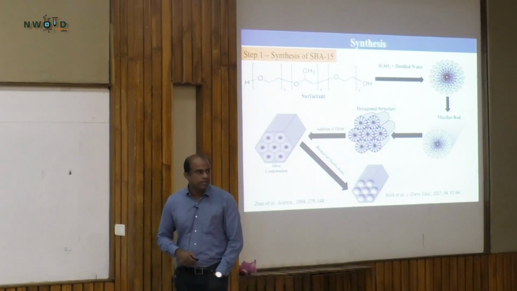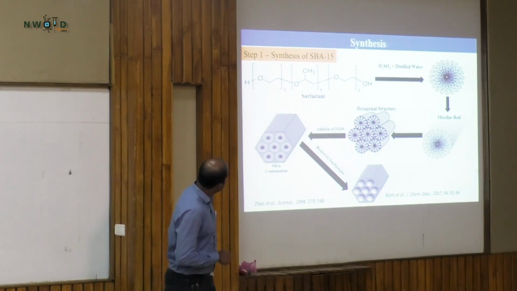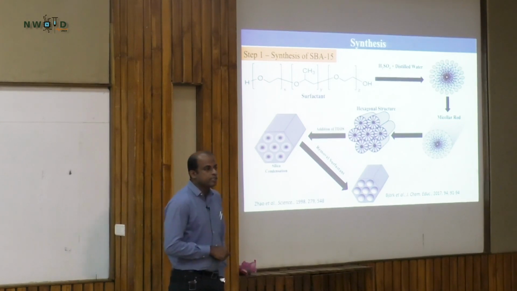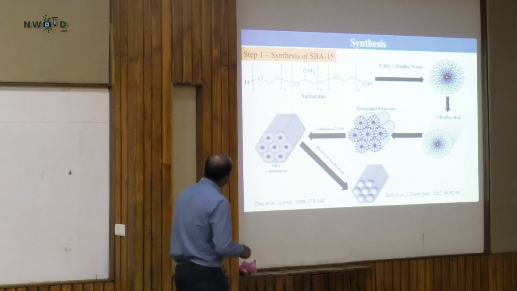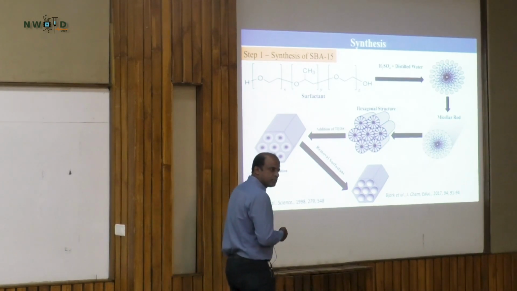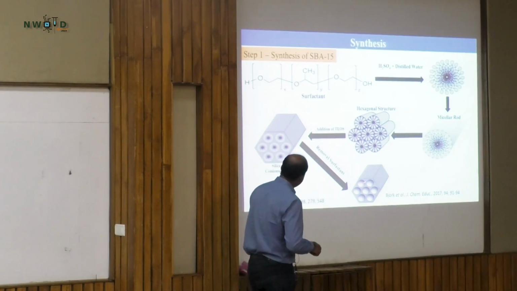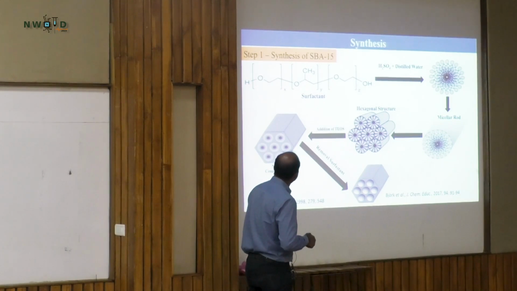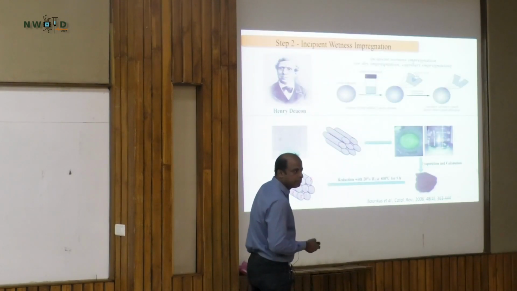This is one example we have synthesized: intermetallic on SBA-15. SBA-15 is nothing but a mesoporous material. This is a well-known synthesis strategy, and you can see we get a beautiful morphology.